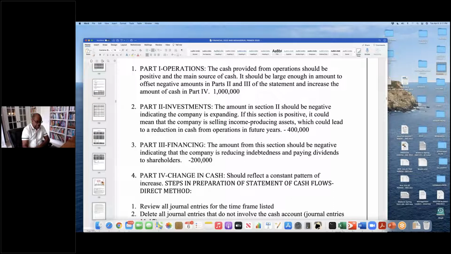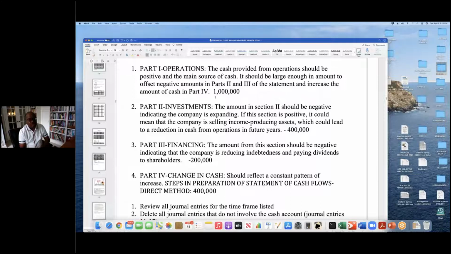So that's the type of analysis you're trying to make, and this is what you want to see happen. So you want to see cash remaining, but the cash needs to come from operations. Just like for you personally, it's best if your cash comes from salaries rather than the fact that you sold some of your assets, your jewelry, your auto, and you should be paying off student loans rather than getting more student loans.